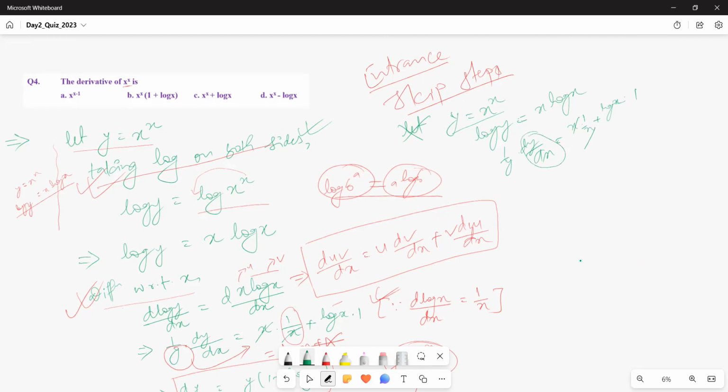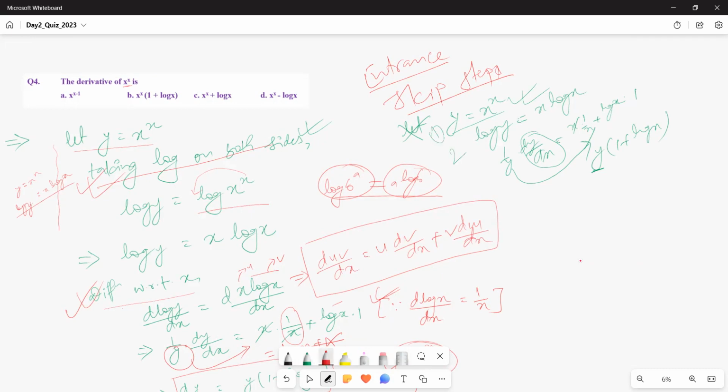My required question was to calculate dy by dx. So dy by dx will be y, transposed to this side, times 1 plus log x. Again, you don't need to write the y value here, just think of what you supposed and substitute it. So finally the answer is done in how many steps?